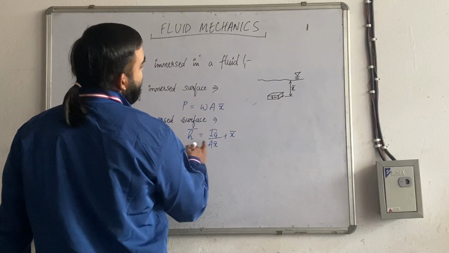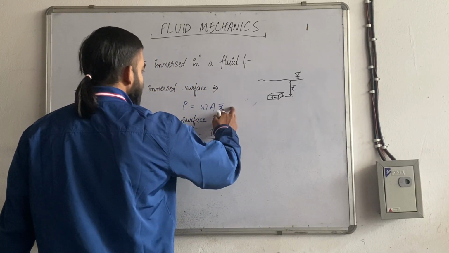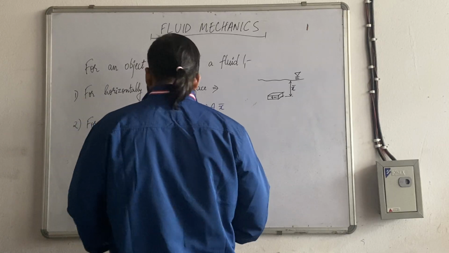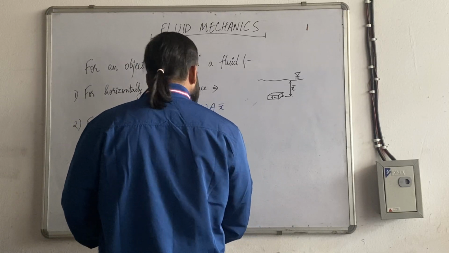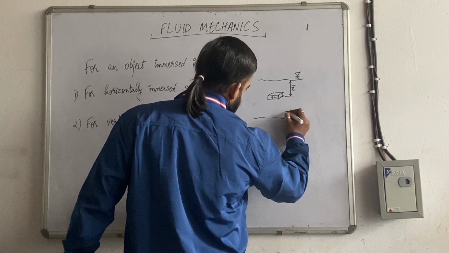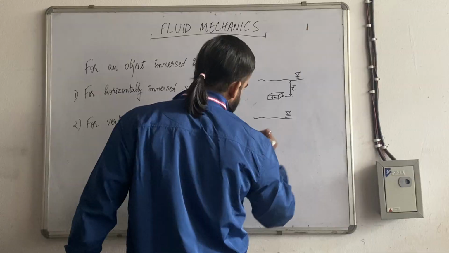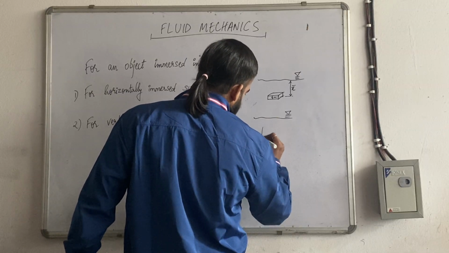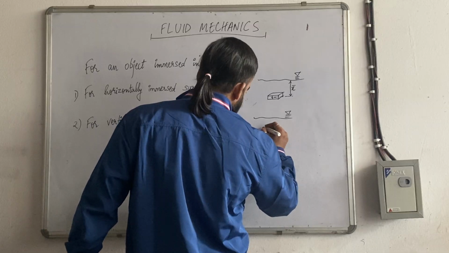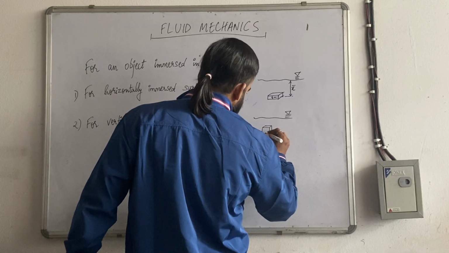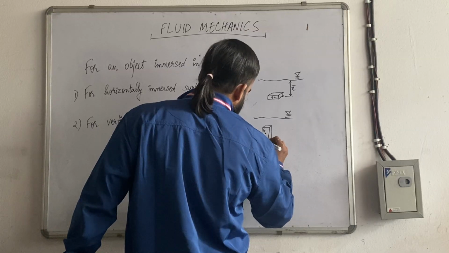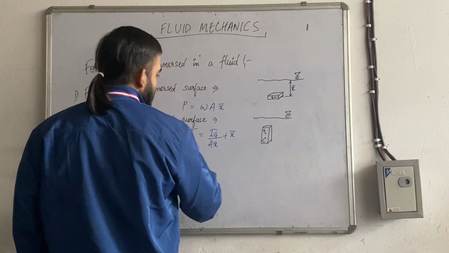This h bar is a contributing factor towards this term. The figure can also be interpreted as: this is a free surface, this is a body which is vertically immersed, some center of gravity G, and a point where h bar will act.